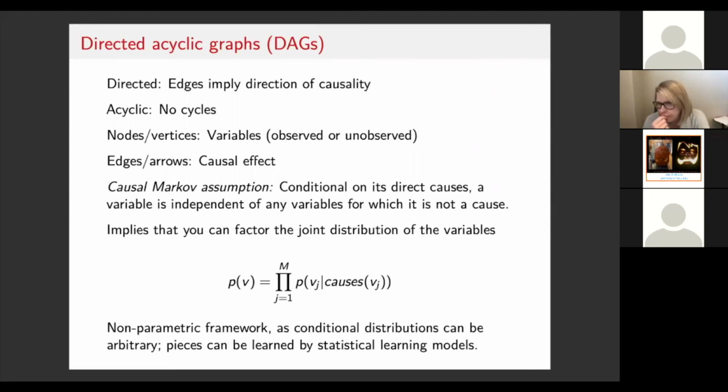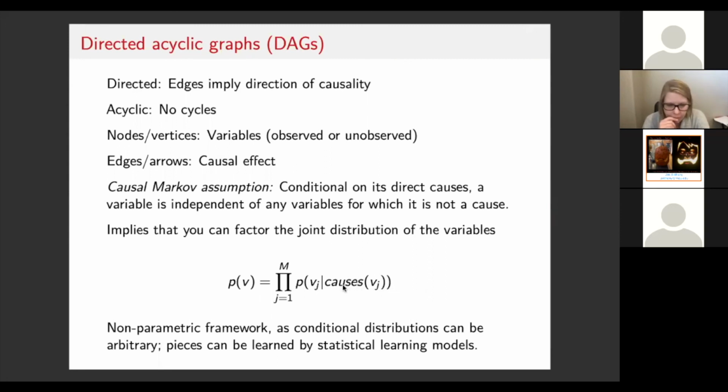So he's right in that, if you look at this slide, is this slide still visible? Yeah. If you look at this, it is just totally general. A graph is a statement about conditional probabilities, which can be anything. It can be arbitrary, and for each of these conditional distributions, you can use very complex models.